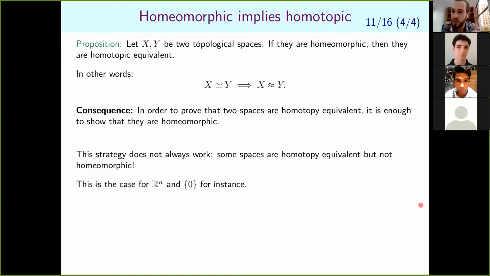So it is mathematically easier to deal with homotopy equivalent spaces than homeomorphic spaces. But really, you have the choice of what you want to use. Does that answer your question? Yeah, thank you. Okay.